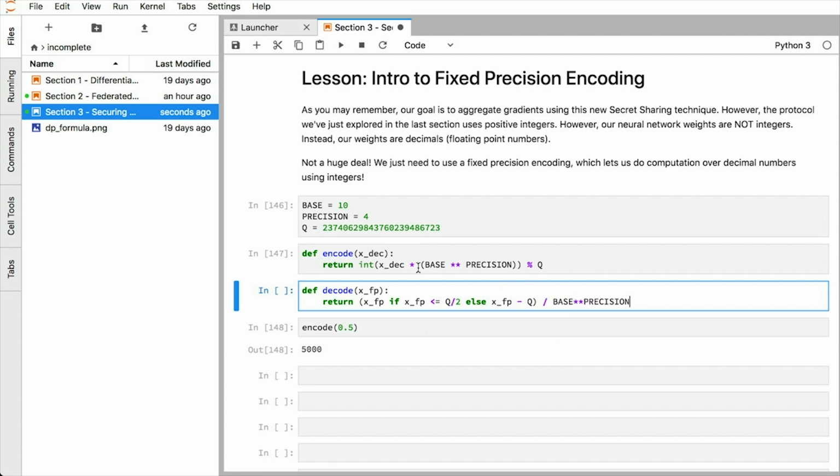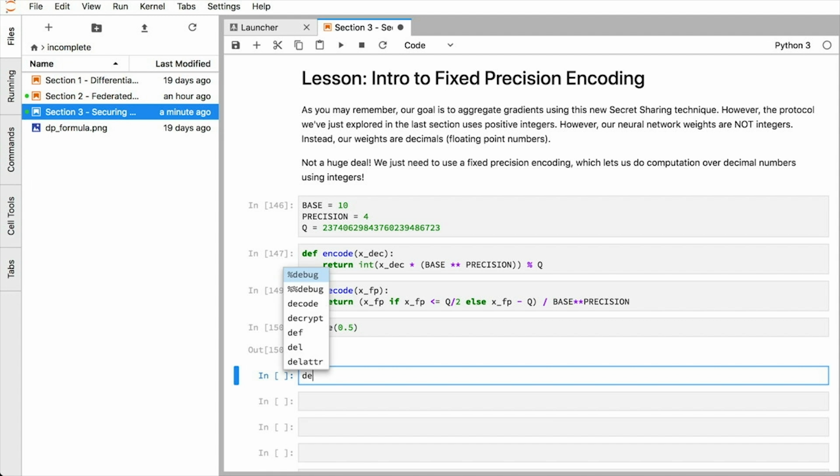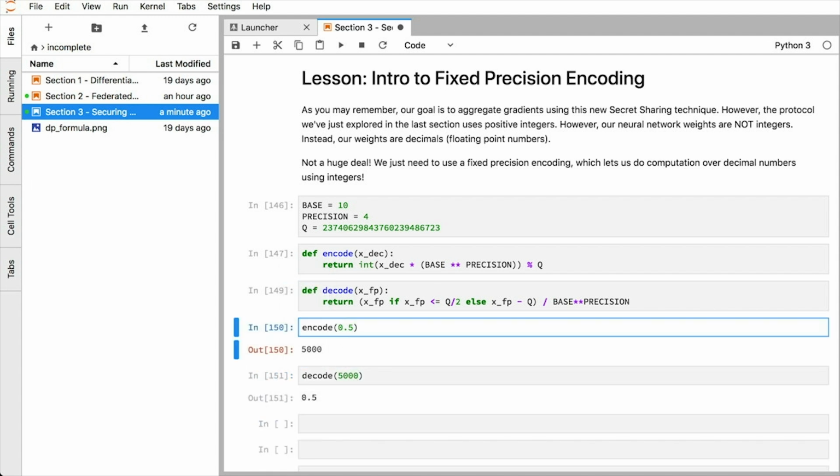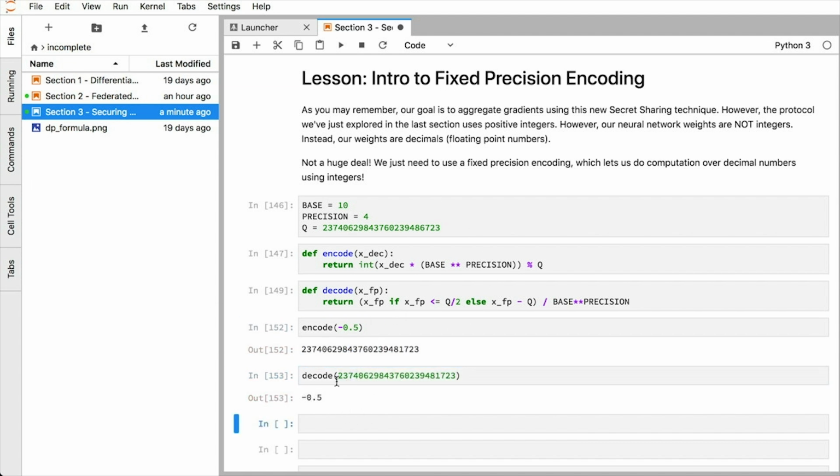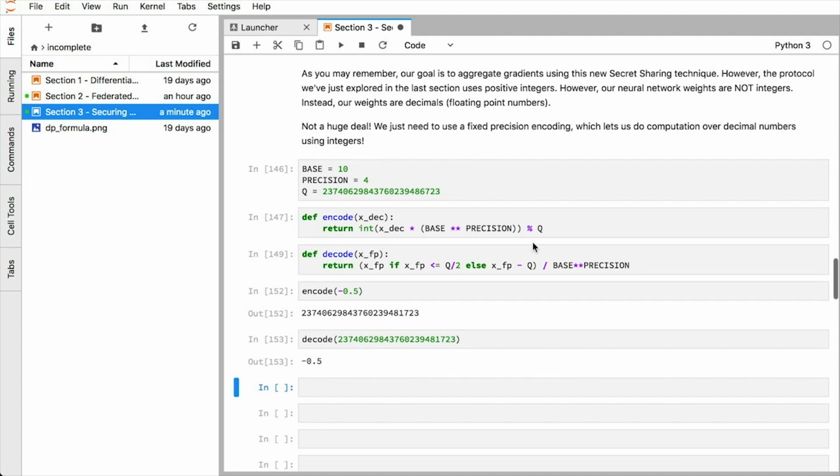Previously the main part was that we multiplied by the fixed precision. Now we're going to divide by it. And this is really just making it so that we can take into account negative numbers. So if we encode 0.5 as 5,000, we can decode 5,000 as 0.5. And if I did negative, this ends up being a really large number. It basically wraps around the other side of q, and we can decode this as negative 0.5. So here we go. This is how our fixed precision encoding works.